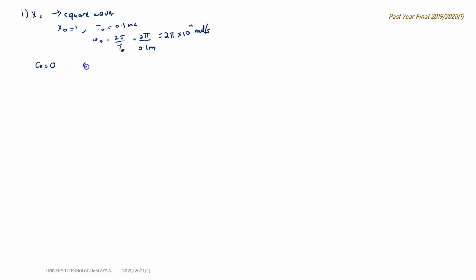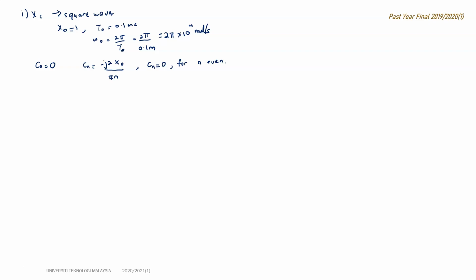And Cn is given as negative j 2 x naught over pi n, with a remark that Cn is equal to 0 for n even.